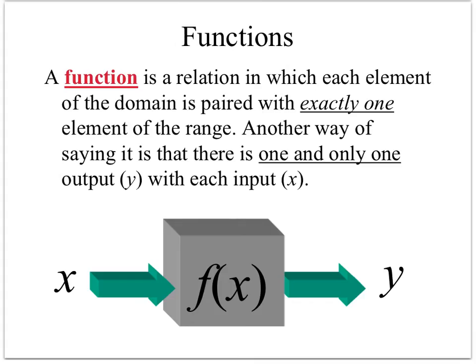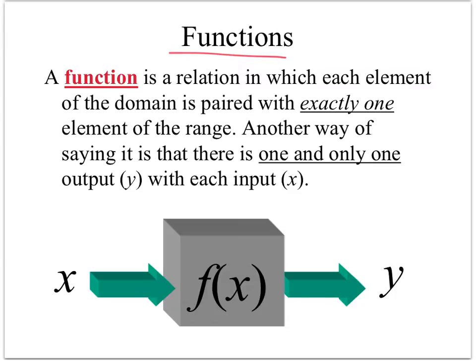So now let's take a look at the definition of functions. A function is a relation in which each element of the domain, so each of your inputs, is paired with exactly one element of the range. That just means that each one of your inputs only goes to one output. You can't have an input that goes into two different outputs.